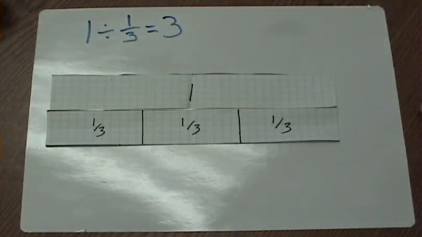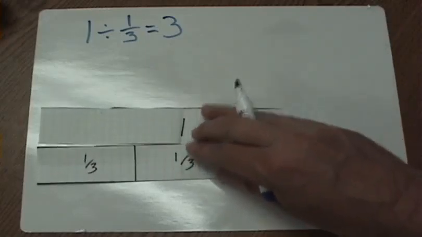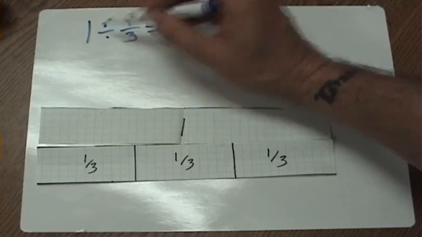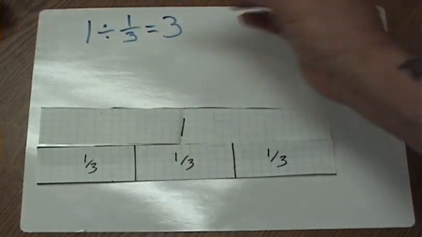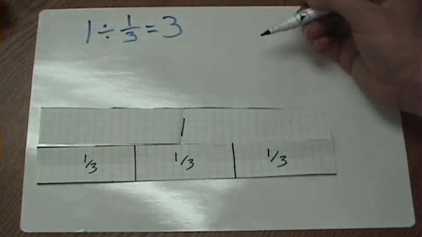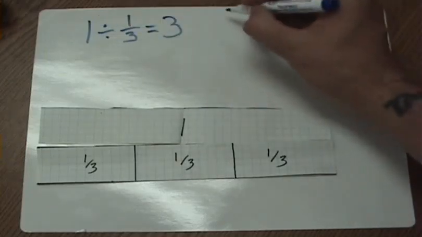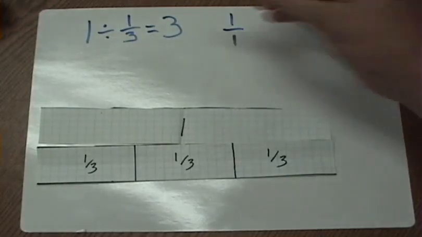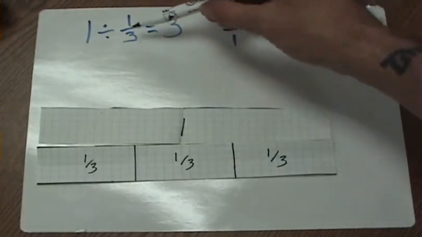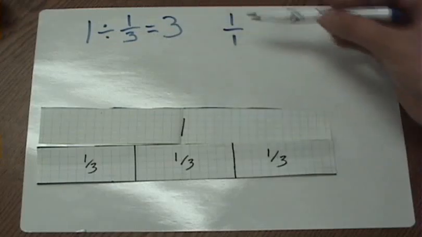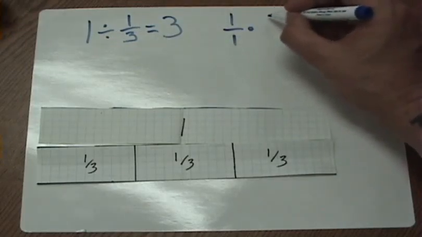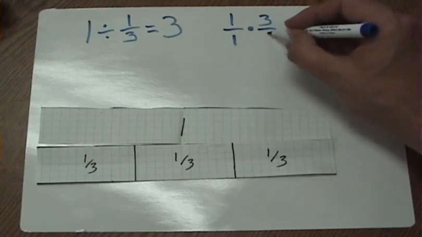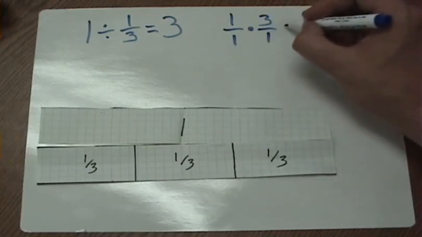Now we can apply the same thing that we did on the previous exercises. But what may be confusing for students is, how do you take a whole number and make it a fraction? Any number divided by 1 is itself, so I can rewrite the first term as 1 over 1. Then to divide, I'm again going to flip the fraction, so it'll be 1 over 1 times 3 over 1.